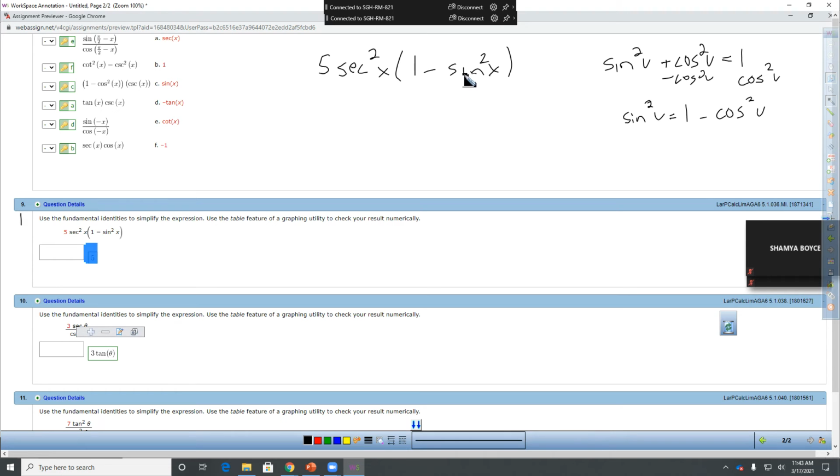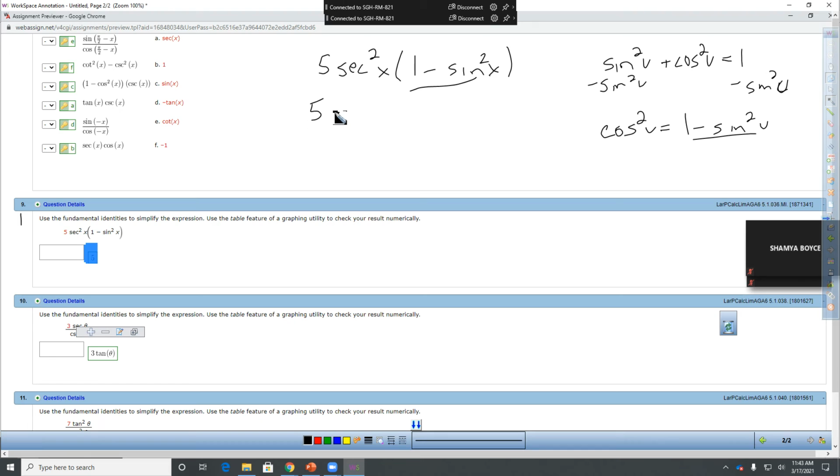Now I could substitute in 1 minus cosine squared of u there, but if I would have done it this way instead, let's solve for cosine squared of u, because watch what happens. If I subtract sine squared of u from both sides, I get cosine squared of u equals 1 minus sine squared of u, which is right there. 1 minus sine squared of u is equal to cosine squared of u.